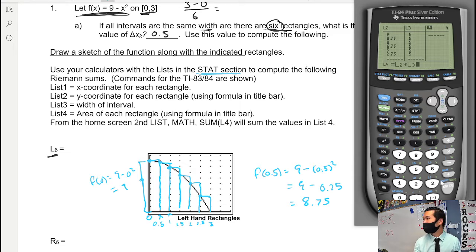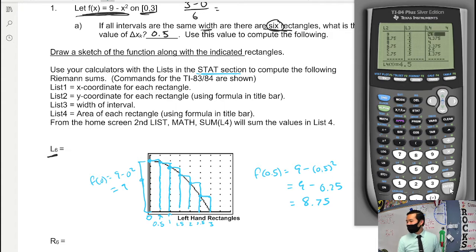When you take L2 and multiply by L3, you'll get all the heights. L2 times L3. Okay.